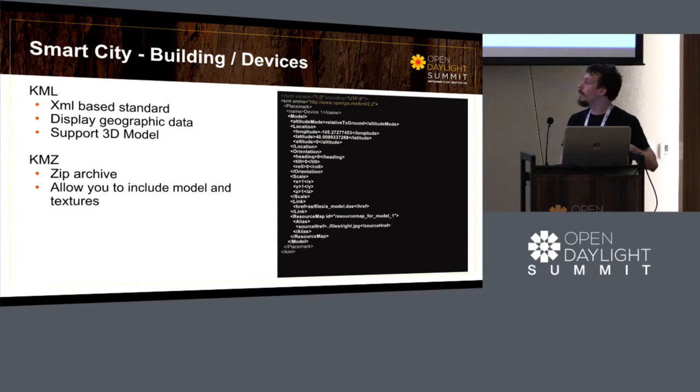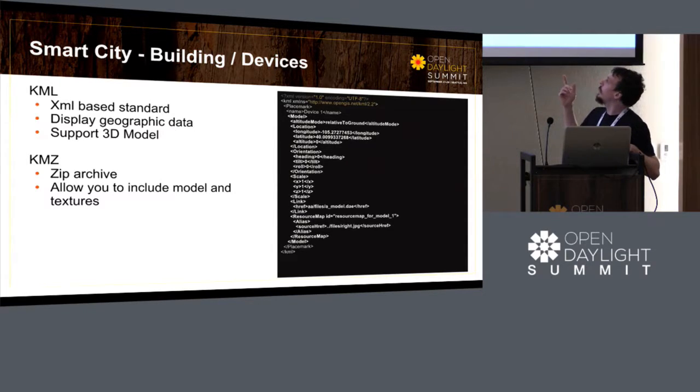KML stands for Keyhole Markup Language. It's an XML-based standard that supports 3D models, and it's used by Google Earth to display geographical data. So we have an example here on the right of what this file will look like with a 3D model.